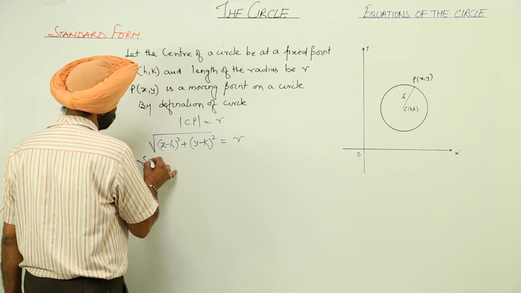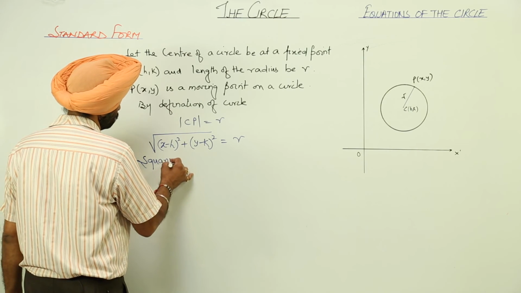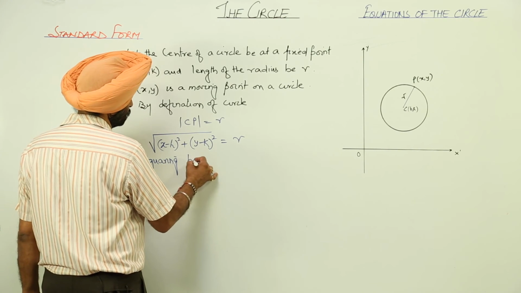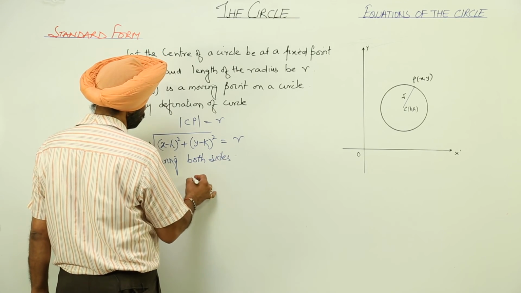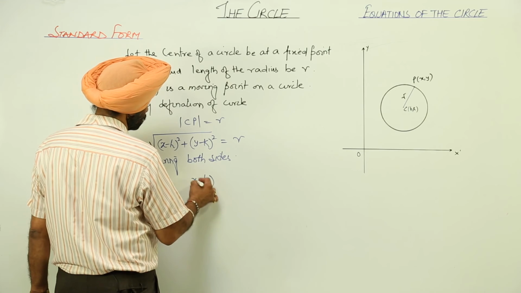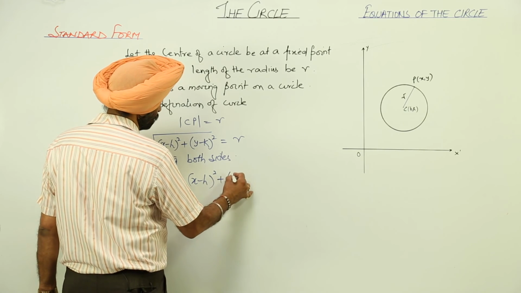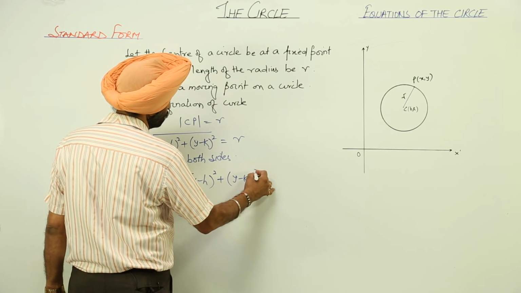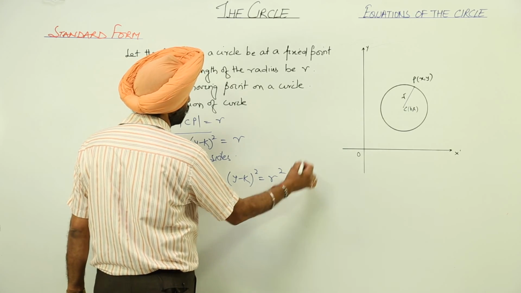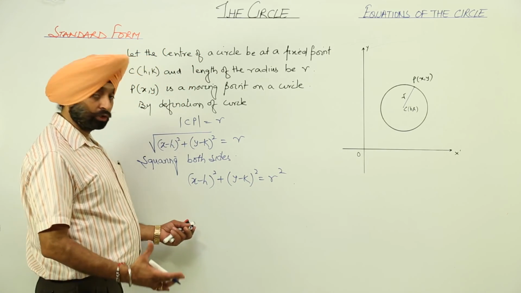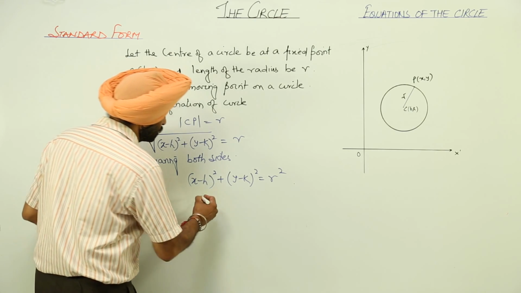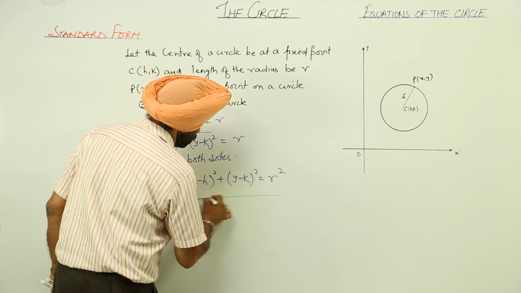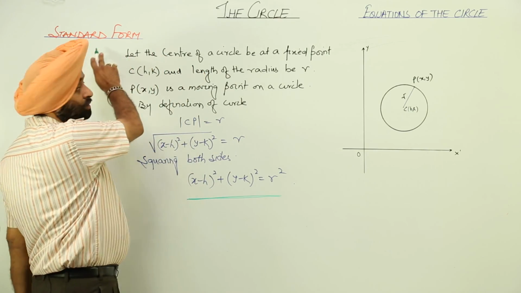Now, squaring both sides, x minus h whole square plus y minus k whole square is equal to r square. So, this is the equation of a circle. This is the equation of a circle and this is called what? Standard form.